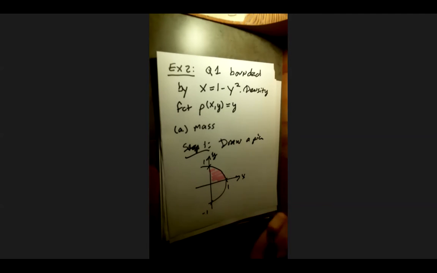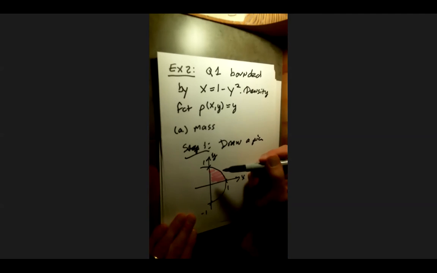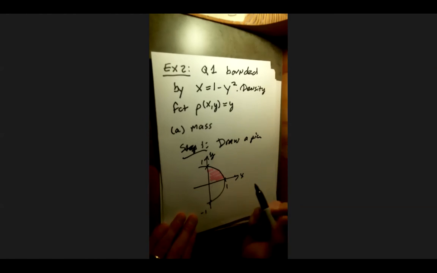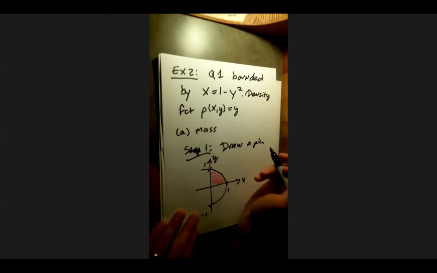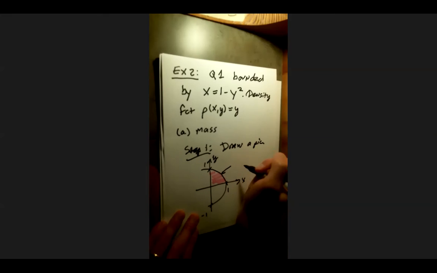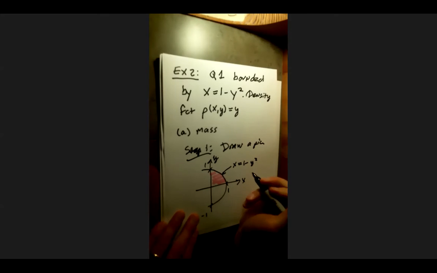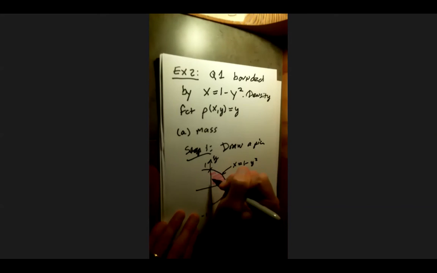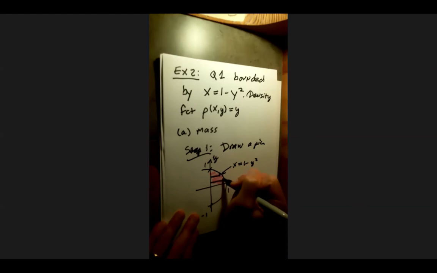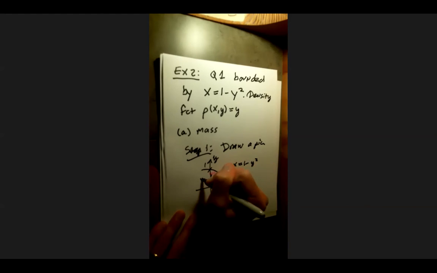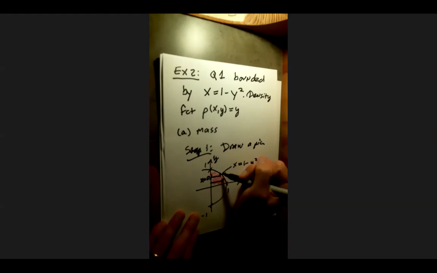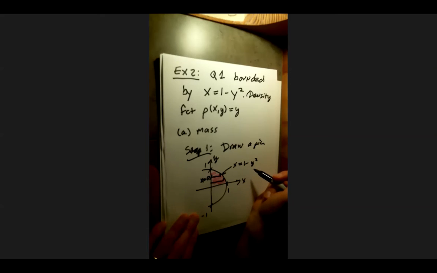We have the choice of integrating this vertically or horizontally. And so what I would point out to you is that the equation is x equals 1 minus y squared. And so if we integrate horizontally, we will go in at x equals 0, and we will come out at x equals 1 minus y squared.